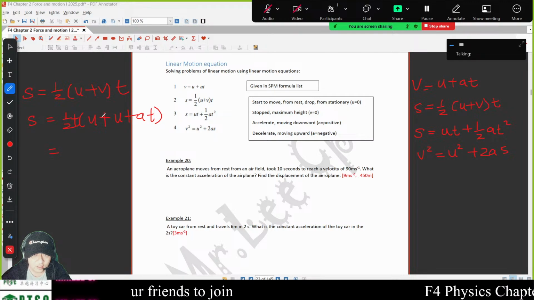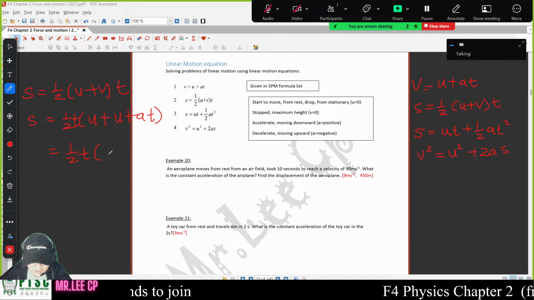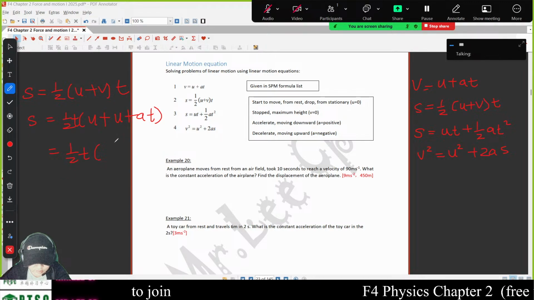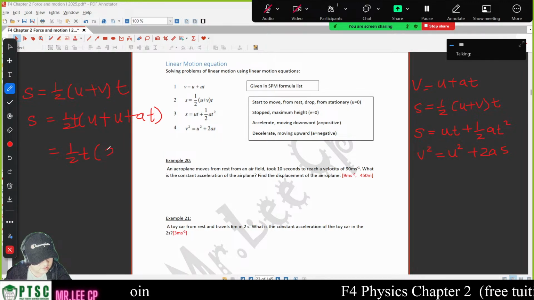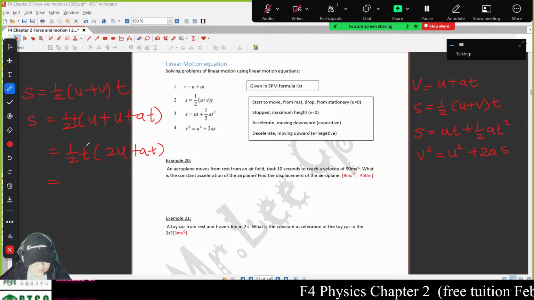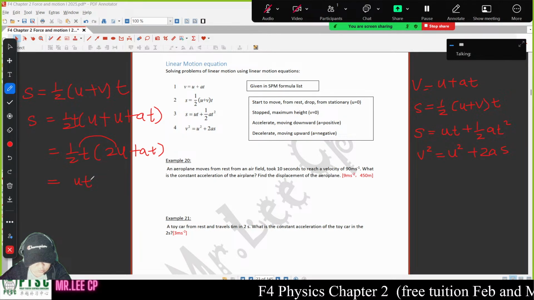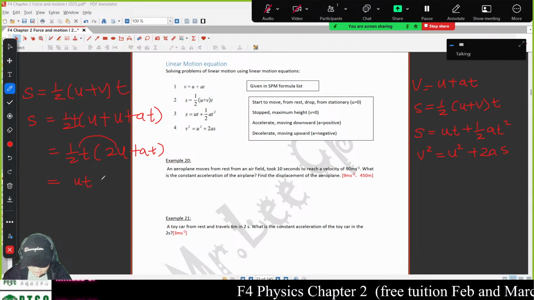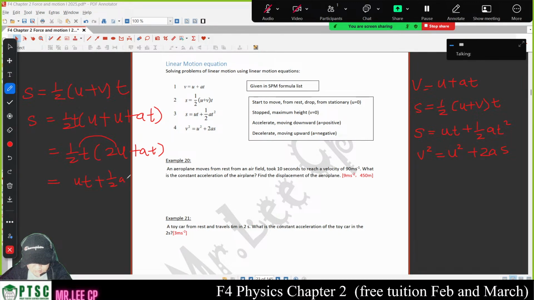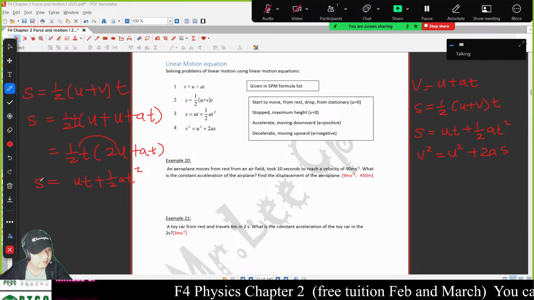So this one is half T. I haven't multiplied it in yet because I want to add first: 2U plus AT. Now I multiply it in, so cancel the 2, I get UT. This one I multiply in, so plus half AT squared. So this is how we get it.